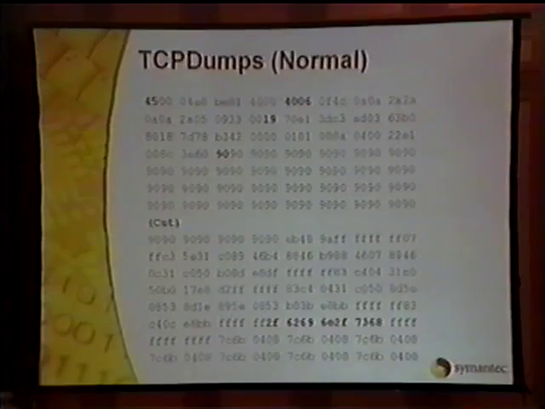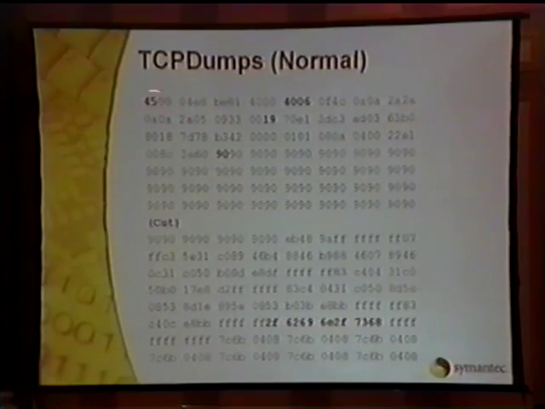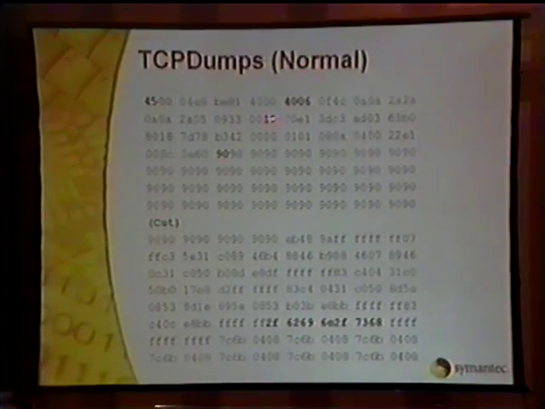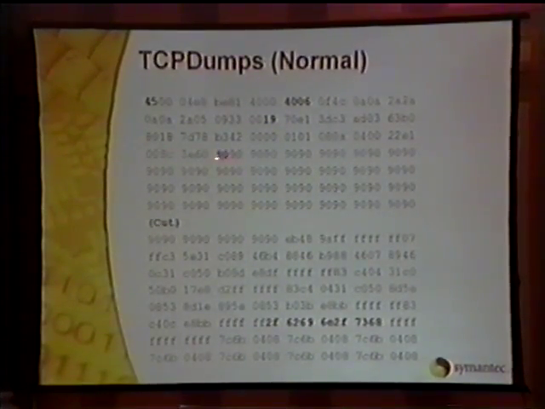Here is a TCPDump of an SMTP exploit. As we see here, we know it's IP, and we know it's 20 bytes long. I know it's TCP here, and I know it's headed for port 25. And I also know that here are our no-ops.